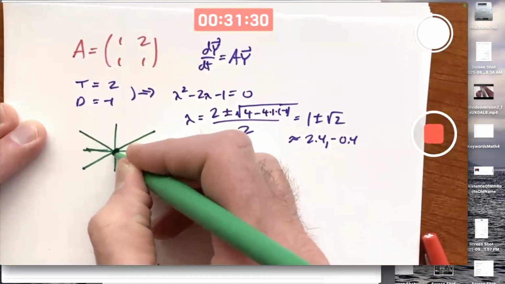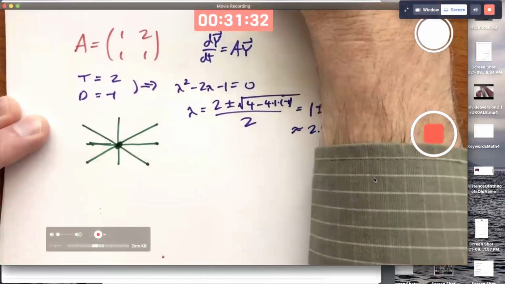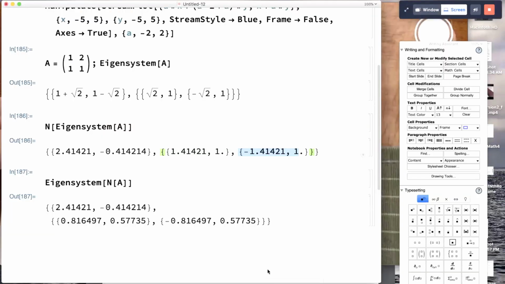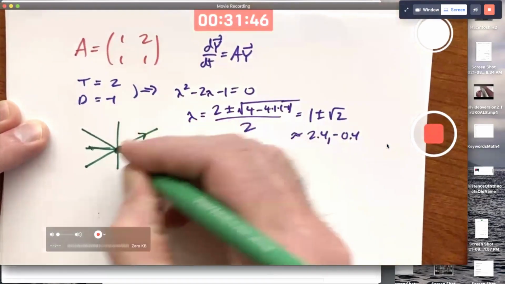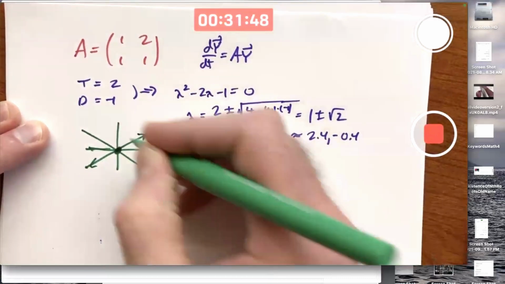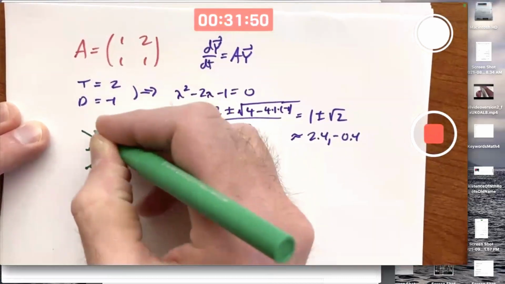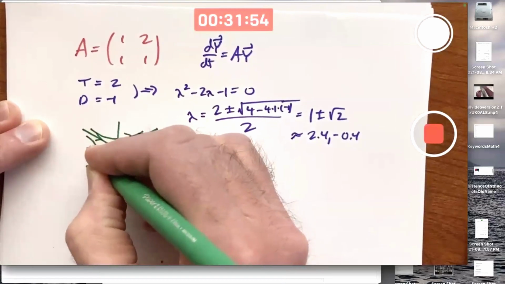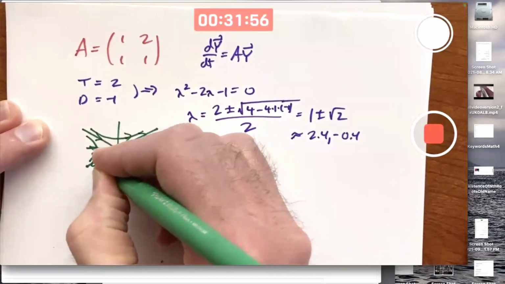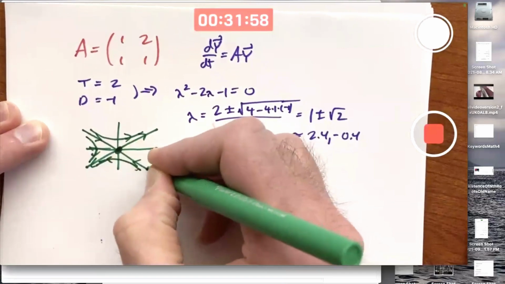The origin will be an equilibrium point. Which one corresponds to the positive eigenvalue? Which one to the negative? Looks like this one's the positive and the other one's the negative. So a source in that direction and a sink in this direction, and other solutions are going to look about like this. I'm not bothering to draw the null lines in this example.